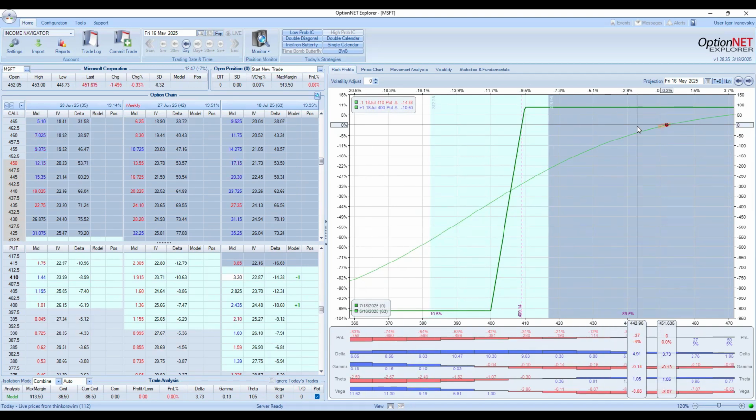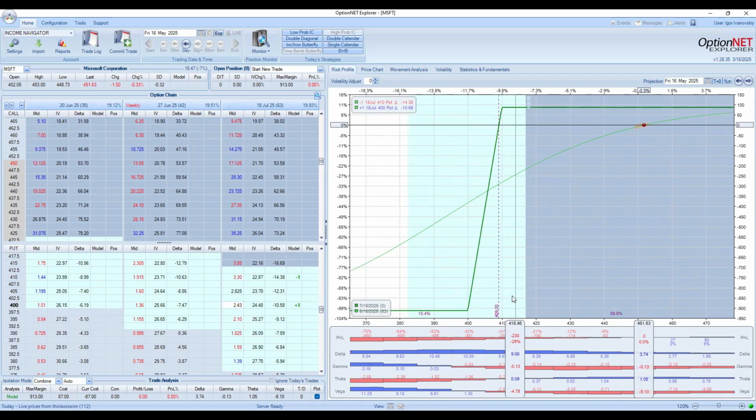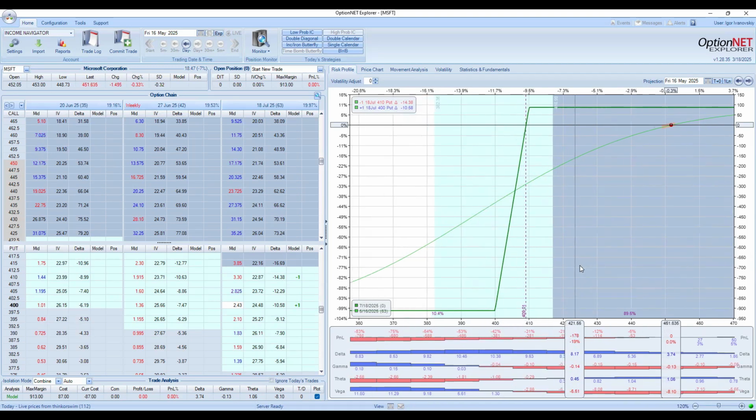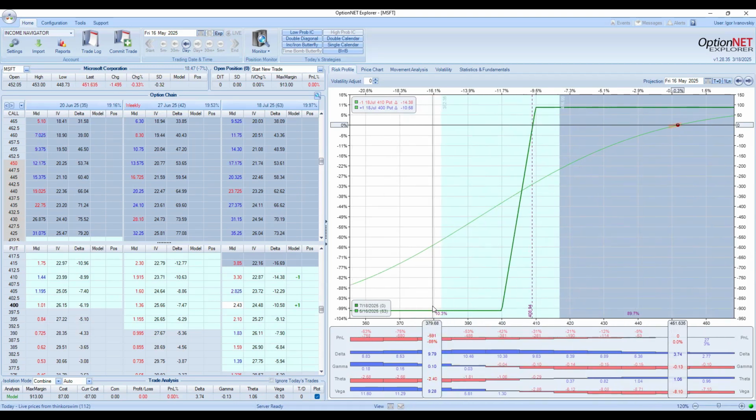So your potential reward is reduced by whatever you're paying for the wing, or the long option that defines your risk. Okay. How much money do we have to put up to put this trade on? Well, we have to put up the difference between these two strikes, because if Microsoft is at 380 at expiration and both the long and short puts are in the money, they have some value.